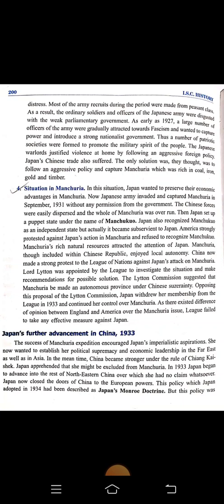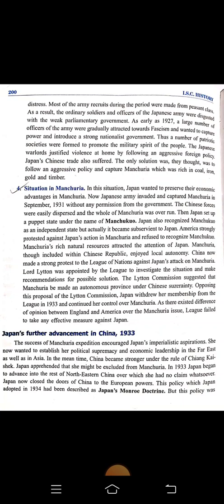In the meantime, China became strong under the rule of Chiang Kai-shek, and Japan apprehended that she might be excluded from Manchuria. In 1933, Japan began to advance into the rest of Northeast China, over which she had no claim whatsoever.